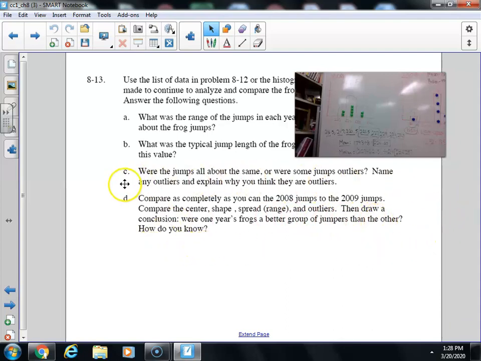So go back and see if you guys can put all of this information for 2008 and 2009 maybe in a table or in some kind of graphical representation to see how you would compare the center, the shape, the spread, and the outliers for 2008 and 2009. So we're going to go ahead and work on it on our own. You guys pause the video and do it on your own.